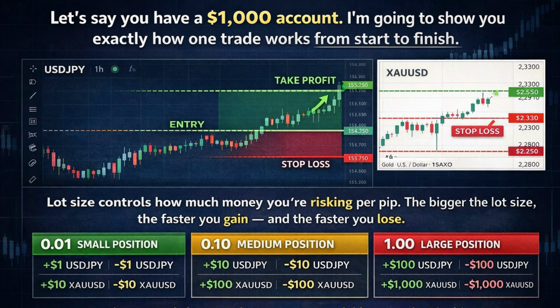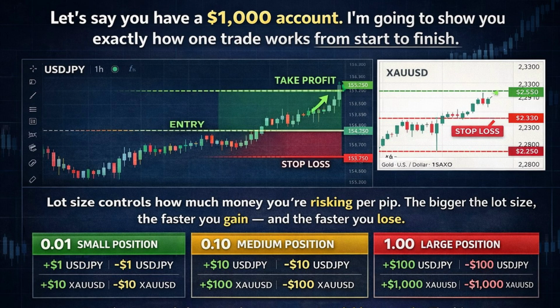Okay? Now, on USD/JPY and XAU/USD, for large positions, let's just say we go in, and I'm sorry, 0.10 is $1 per tick. And then 1.00 is going to be $10 per pip or per tick. Okay?